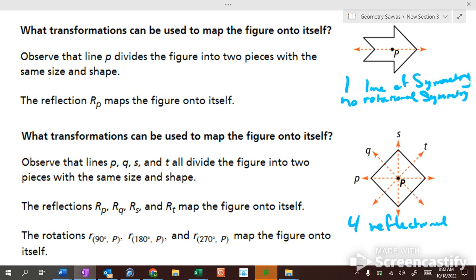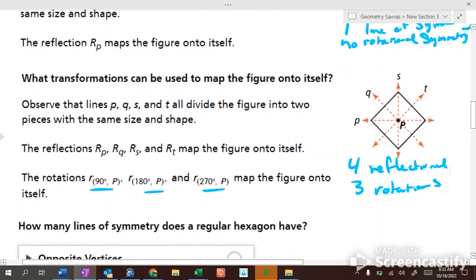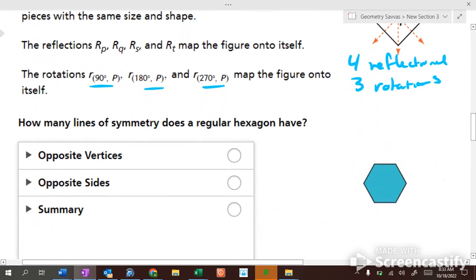How many rotational symmetries? P could go to S, and then to this, and then to this. So how many rotations? 3 rotations, at 90, 180, and 270. Because if I have 4 sides, you take 360 divided by 4, and that's 90 degrees. So every 90 degrees, it rotates on itself.